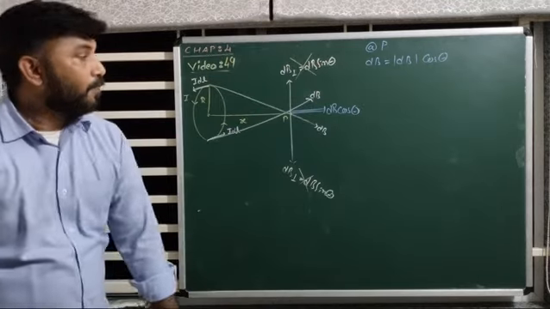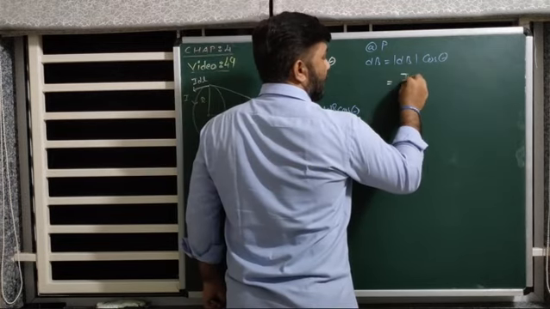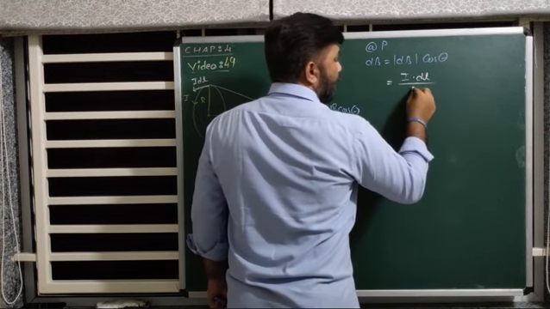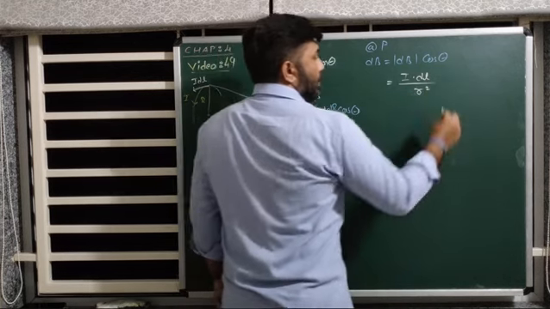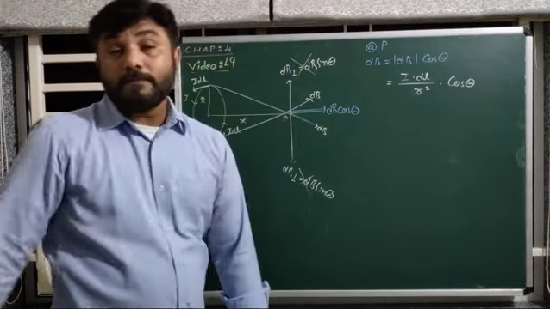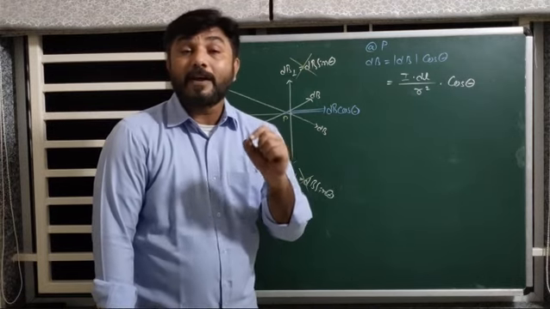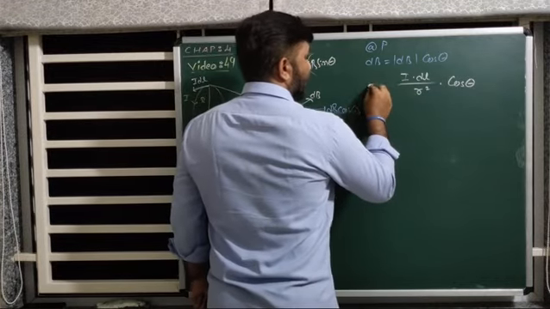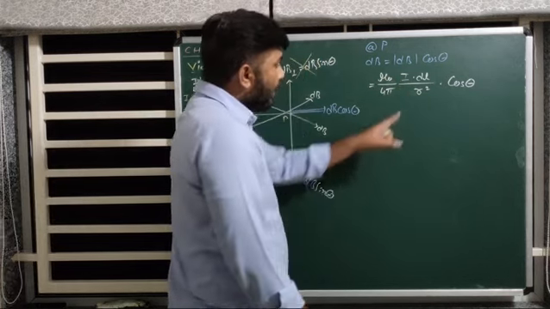Just now we have seen the equation of dB. It is I multiplied by dl upon r square, multiplied by cos theta. After removal of the proportional sign, we keep the constant, which was mu 0 upon 4 pi. Now, what is r?